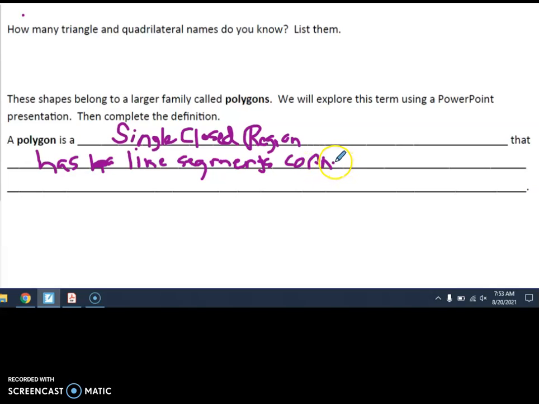Line segments are connected to the endpoints of other segments.